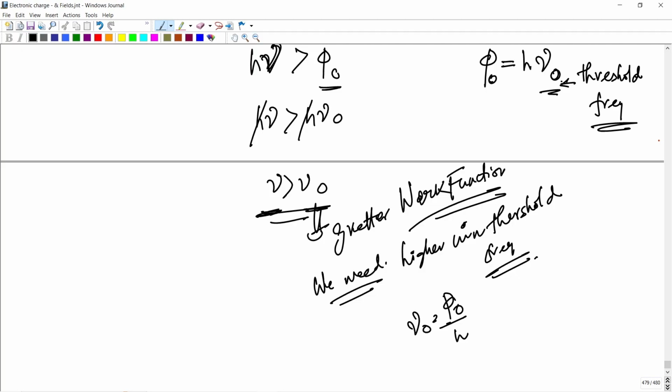Clear? So here the main concept is absorbing energy. That is the important concept. Absorbing means energy quanta.